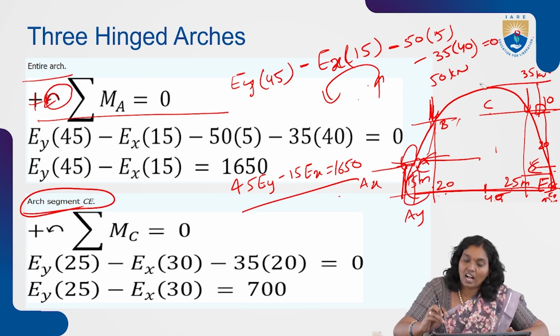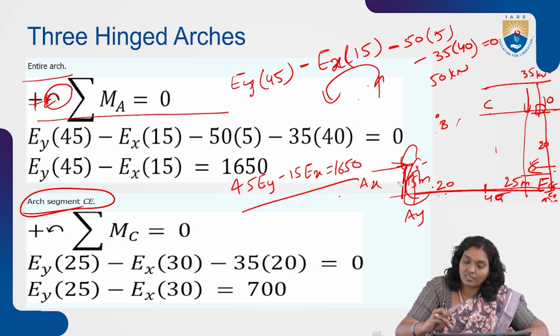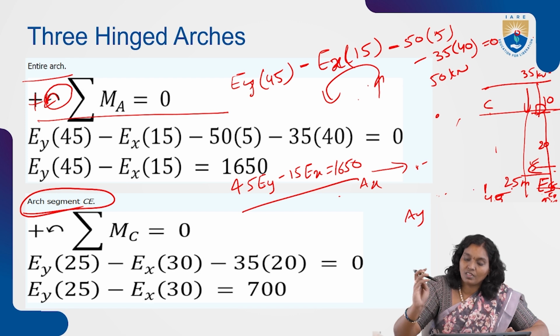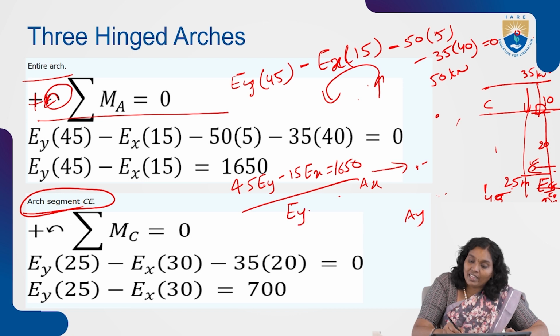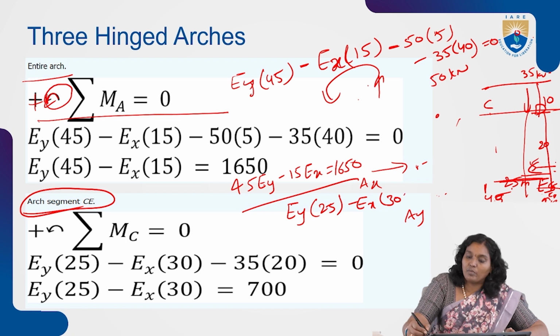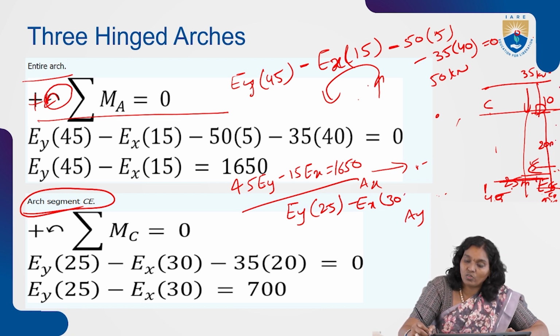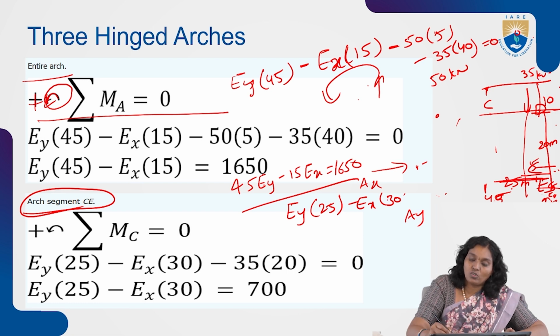Now consider the arch segment CE only. Taking moments at C for the arch segment CE only. So now EY multiplied by 25 meters minus EX into 30 meters, because from E to D that is equal to 20 meters, from D to C is equal to 10 meters, total 20 plus 10, 30.